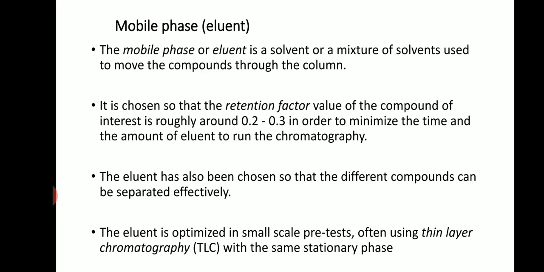The eluent has also been chosen so that the different compounds can be separated effectively. The eluent is optimized in small scale pre-tests, often using thin layer chromatography with the same stationary phase.